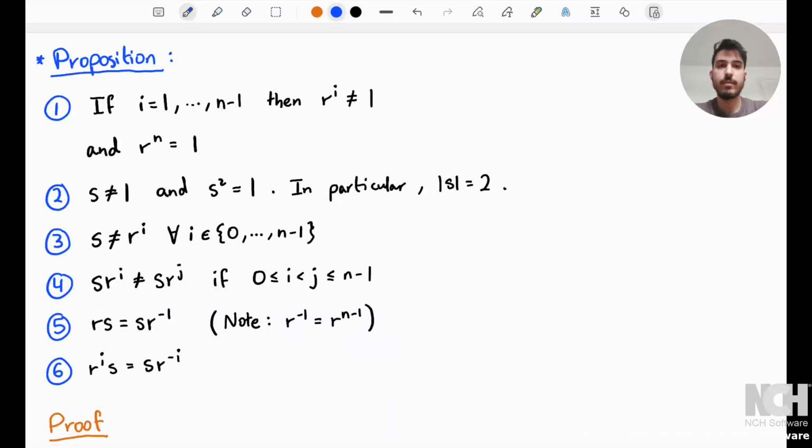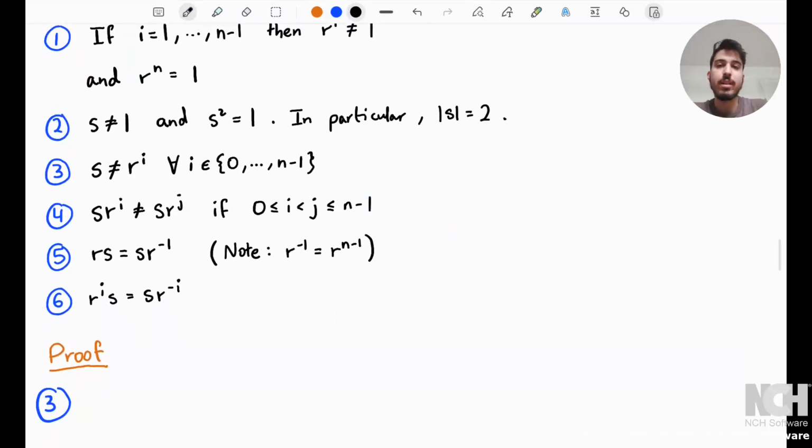Let us now prove the third part of the proposition, which says S is not equal to R^i for all i between 0 and n minus 1. Let us use in here, in the proof of this proposition, the vertex 1.